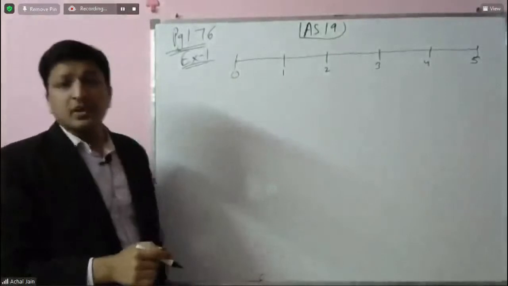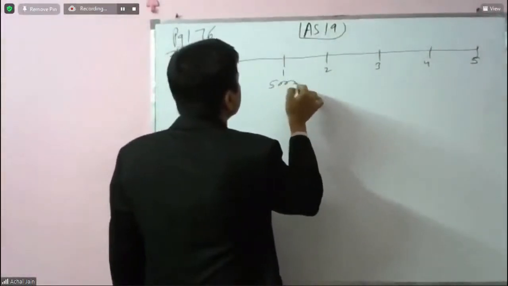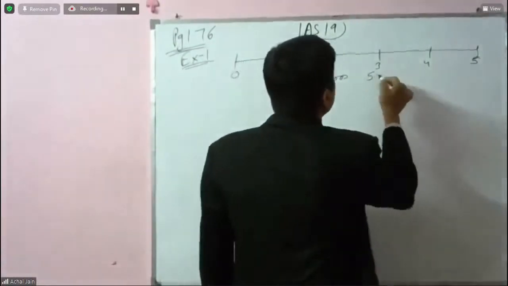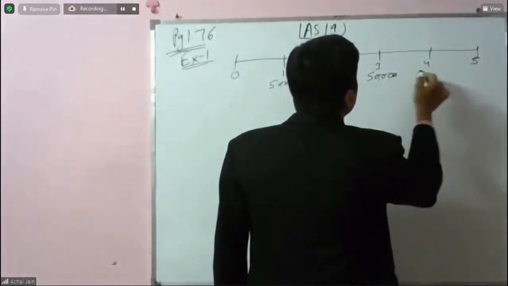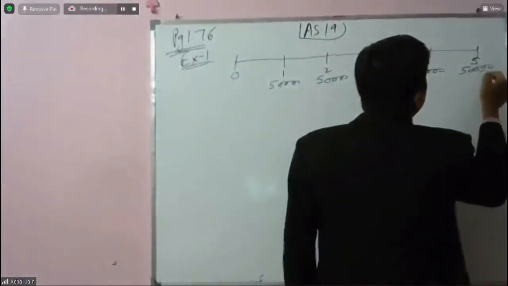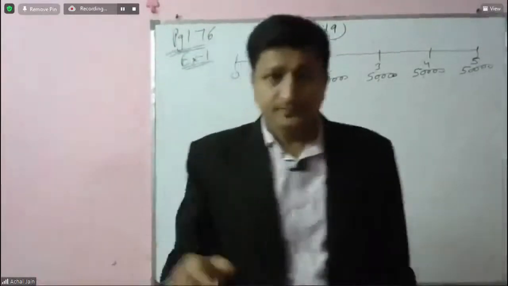Every year 50,000 is required to be paid. 50,000 and then again 50,000, then 50,000, then again 50,000.